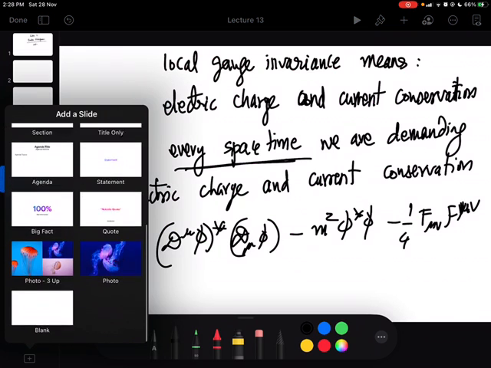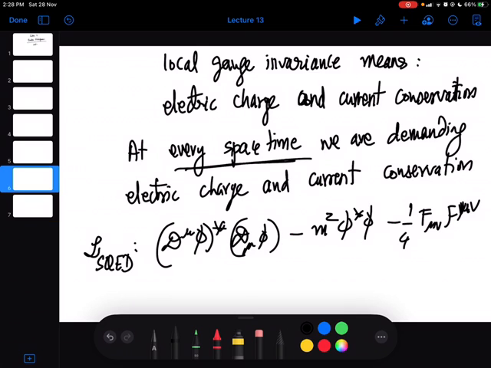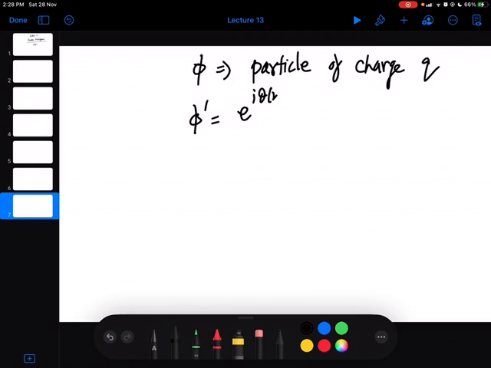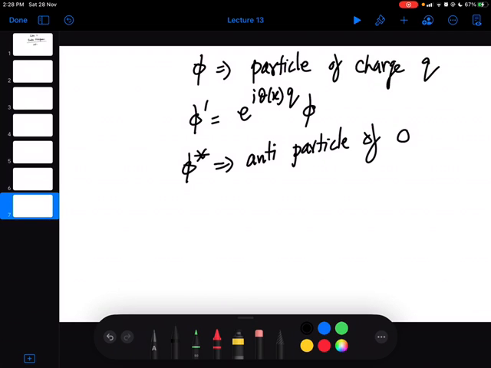Now let's try to understand what's happening. Phi, let's say, represents a particle of charge q. Then phi transforms as phi prime is equal to e power i theta of x q times phi, and phi star is an antiparticle of phi.